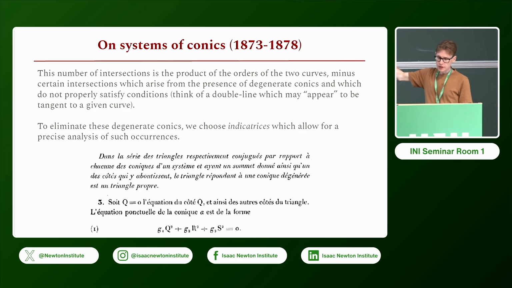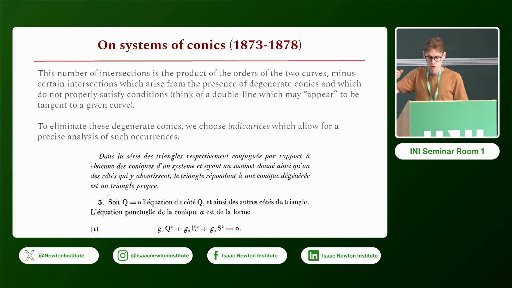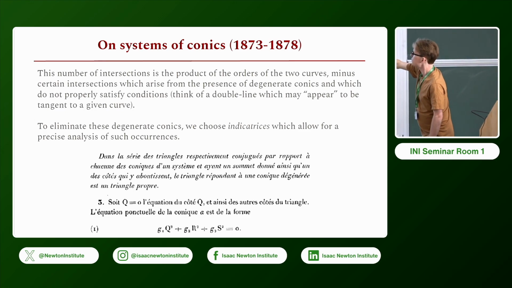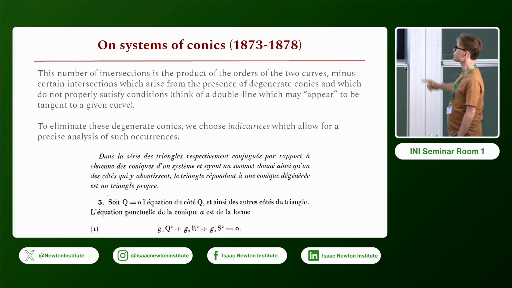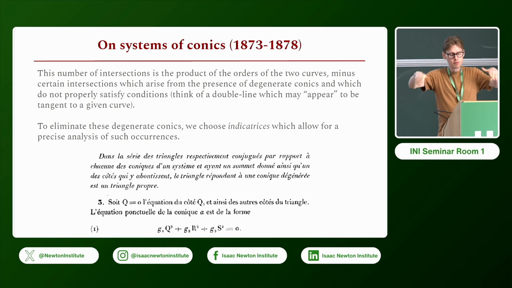And one important property of this way of associating a system to a curve is that the conics in the system are degenerate only when, so for this conic to be degenerate, one of the coefficients has to be 0. That is to say, we have our triangular system of coordinates.